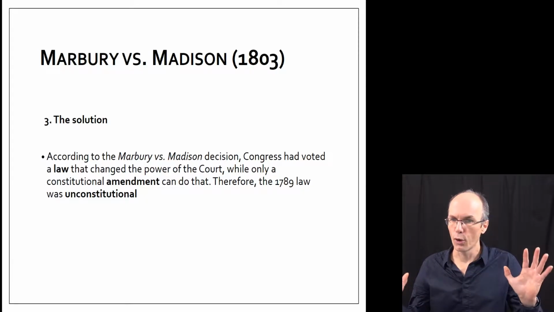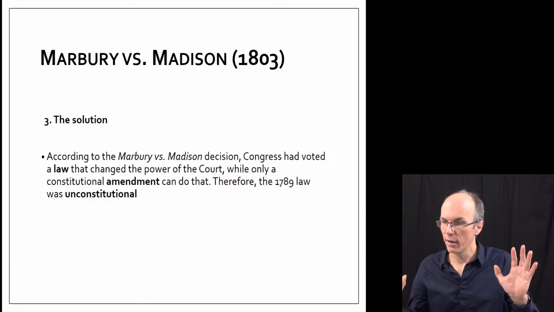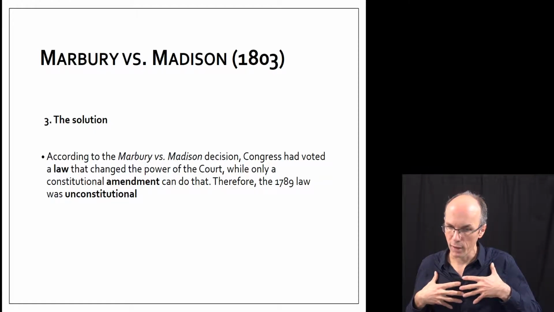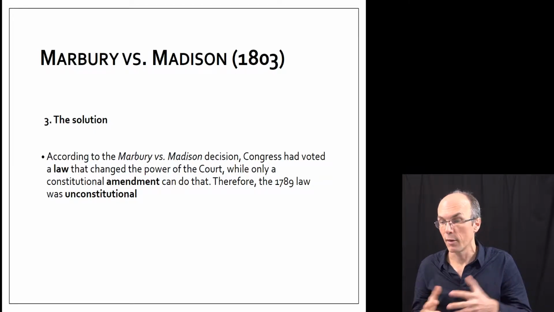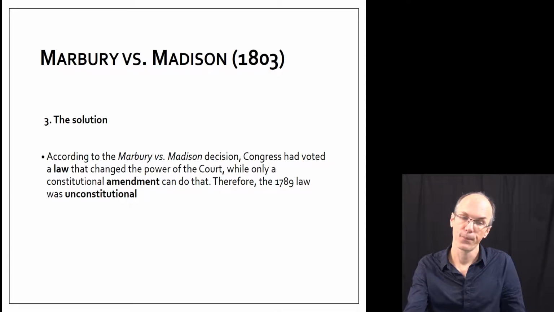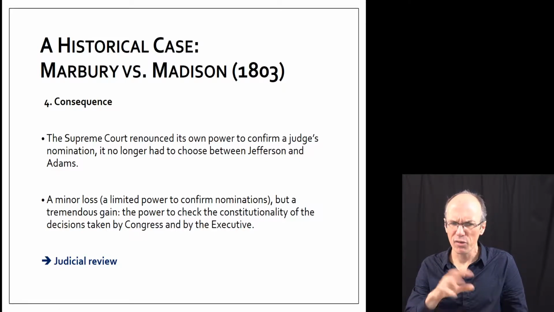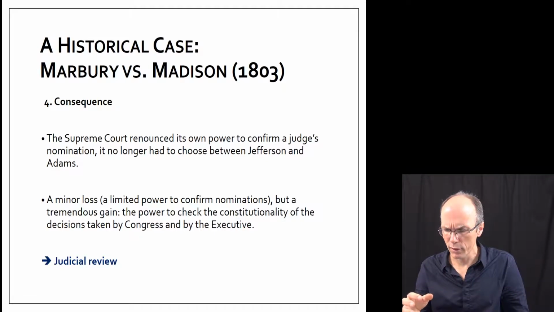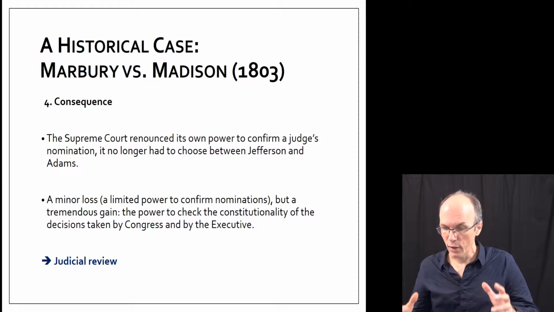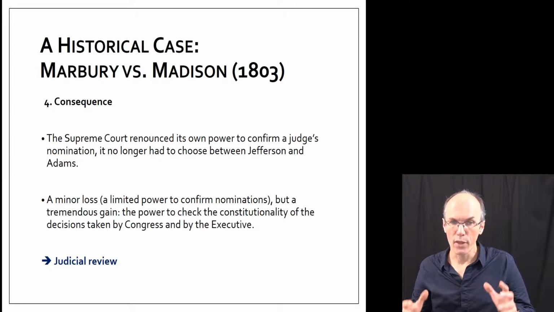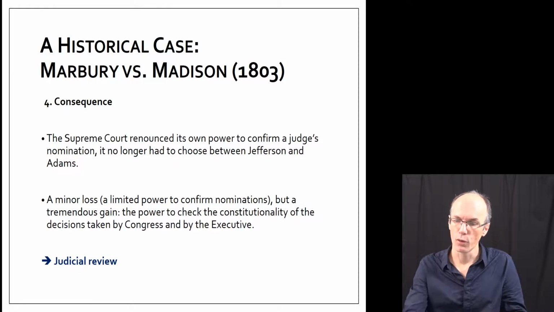Therefore, the law is unconstitutional, it does not apply, and I do not have to confirm Marbury's nomination. In a word, the Supreme Court renounced a small power, confirming judges' nominations, but it gained a major power, the ability to say whether something is constitutional or not, and this is called judicial review.